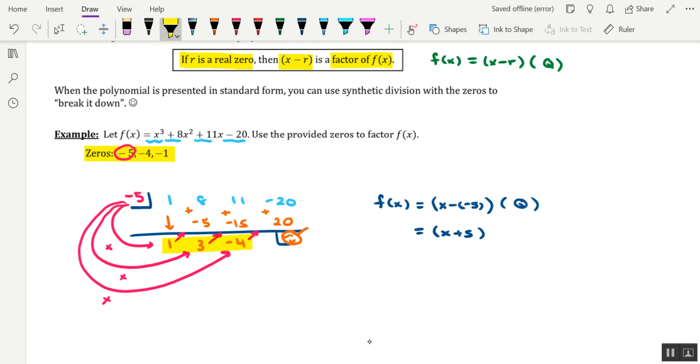In fact, these will be the coefficients of the quotient polynomial, which, let me remind you that we started out with a degree 3 polynomial, so these will be the coefficients of a degree 2 polynomial. So at this point, a partially factored form of f of x is going to be x plus 5 times x squared plus 3x minus 4.